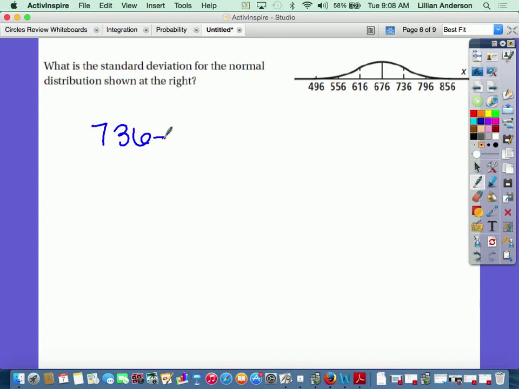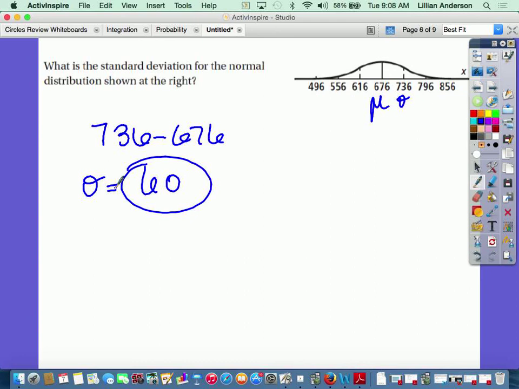What'd you call that? The mean. Yes. That center value, okay? This is one standard deviation. So you can either subtract these two here, or subtract these two to figure out what your standard deviation is. And so 736 minus 676 is 60. So our standard deviation is 60. Questions?